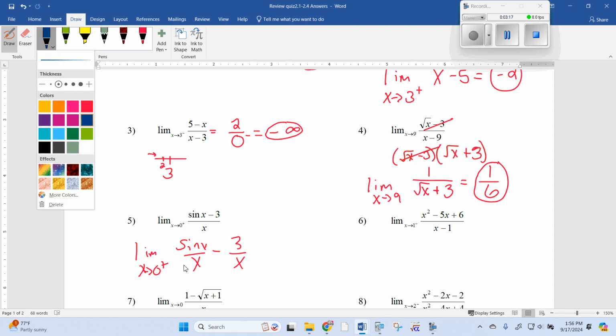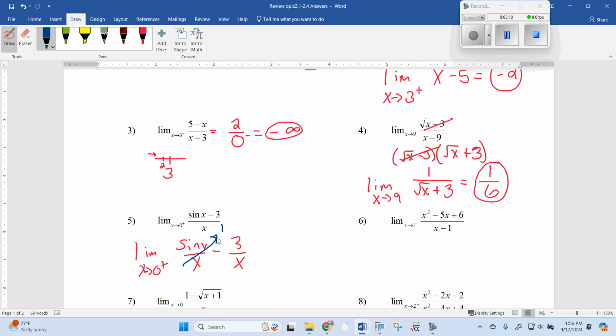We know that this is equal to 1. This part here, 3, is going to end up being 3 over 0. It's a positive 0, which we know is going to go to infinity. So I'm going to end up with 1 minus infinity, which is just going to be minus infinity.